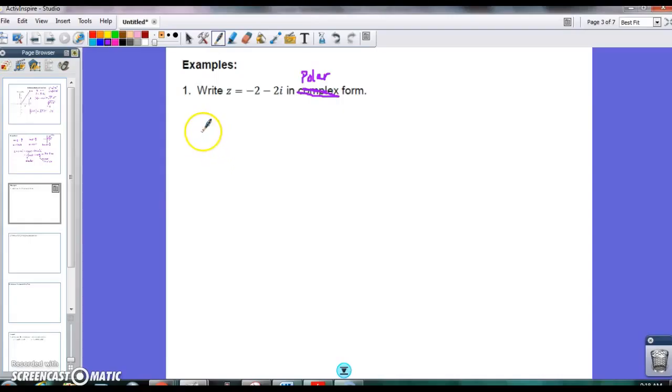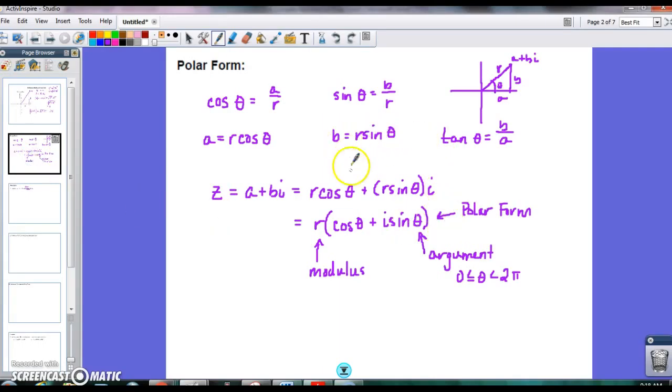So to do that, I need r and I need theta. One other thing we didn't talk about back here is that if I look at the Pythagorean theorem, I also have this equation: r squared equals a squared plus b squared, or r is equal to the square root of a squared plus b squared. I forgot to include that as one of the equations that we will use.